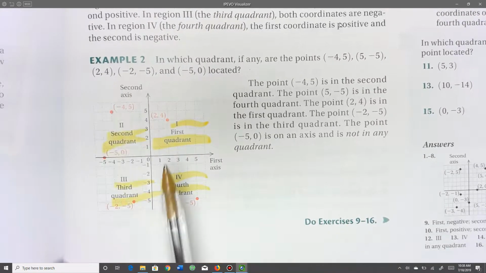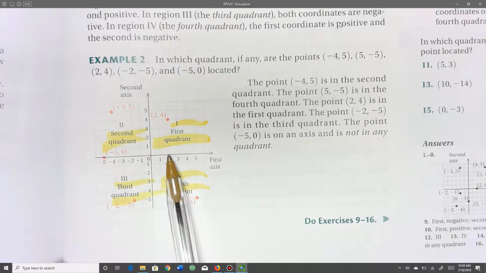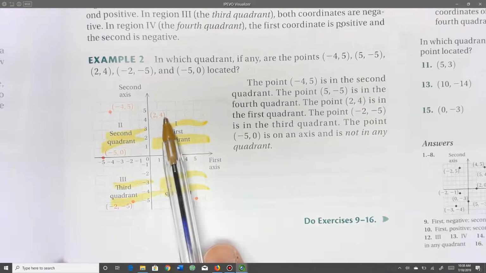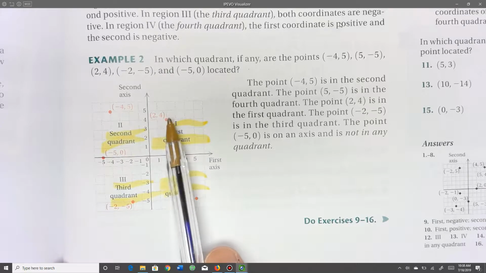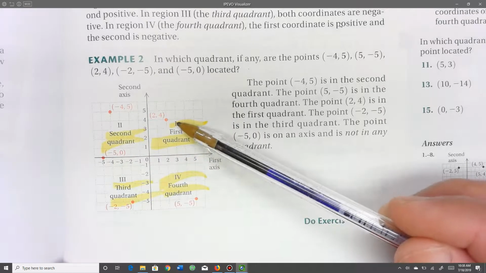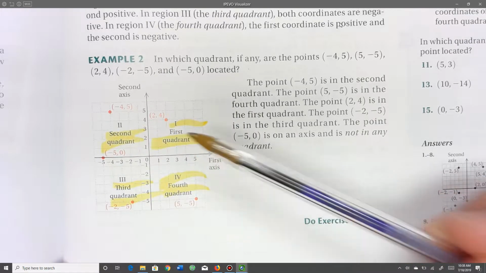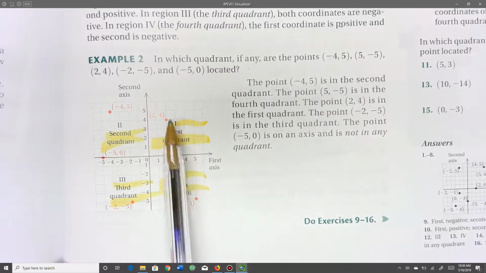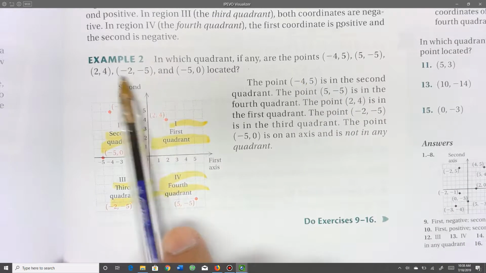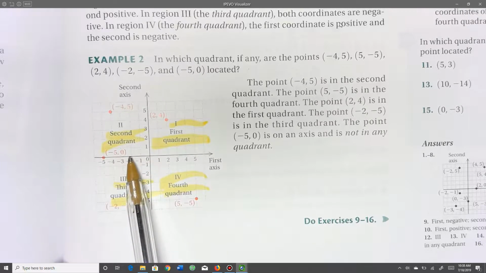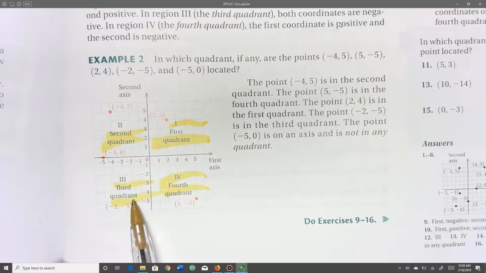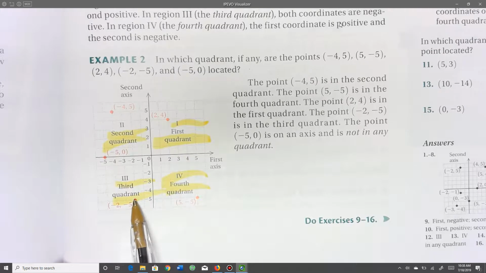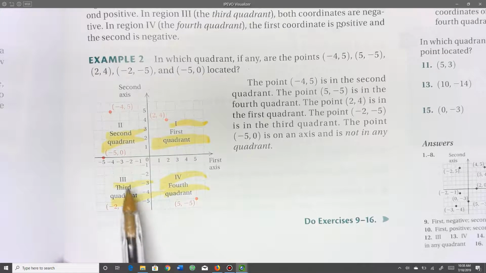What about this one? That's a +2, 1, 2, and then +4, 1, 2, 3, 4, and plot it there. And we saw that it landed on the first quadrant. Okay, so that's where it's located. What about this one? That's a -2, 1, 2, -5, 1, 2, 3, 4, 5, plotted there, and we saw that it landed on the third quadrant, so that's where it's located.